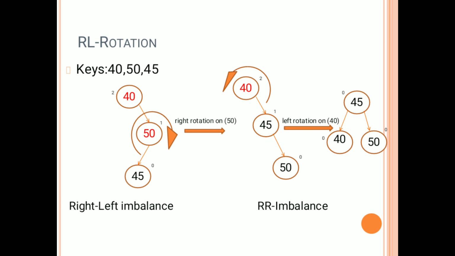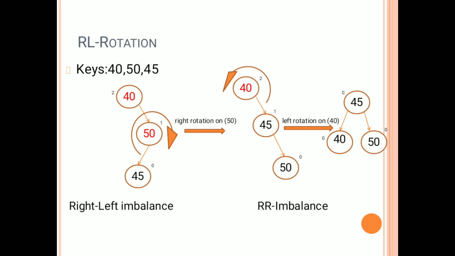Now the tree is right of right imbalanced because all the weight is on the right side of the tree. There are no nodes on the left subtree. So to make the tree balanced, we need to rotate the tree to the left according to the position 40.